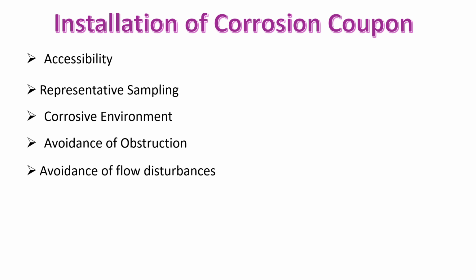The coupon should be placed in a location where it is not obstructed, so that the process vapors can get in contact, free flowing, and we get their impact. Okay, and the overall location of the corrosion coupon should be selected based on a thorough understanding of the system or equipment, so that it captures accurate data for the corrosion analysis.